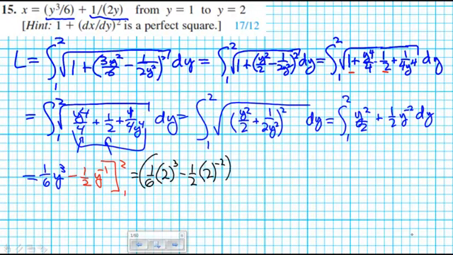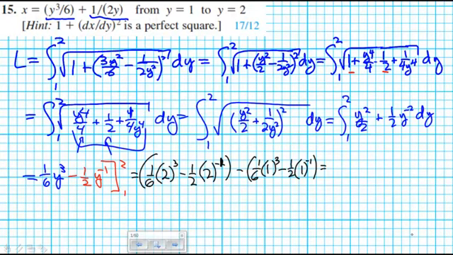There's me on my upper end. And then 1/6 times 1 cubed minus 1/2 times 1 to the -1. And I think my parentheses are balanced.